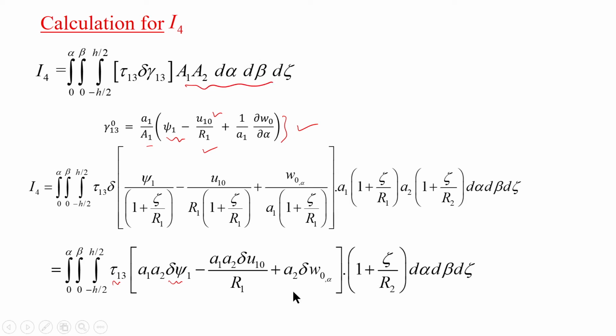If we keep inside, the bottom a1 will get cancelled out, small a1, and so a1 a2 del psi 1 2, a1 a2 del u1 0 by r and a2 del comma. So, tau 13 times 1 plus zeta by r2 integrated from minus h by 2 to plus h by 2 is the definition of q1. So, q1 is this.